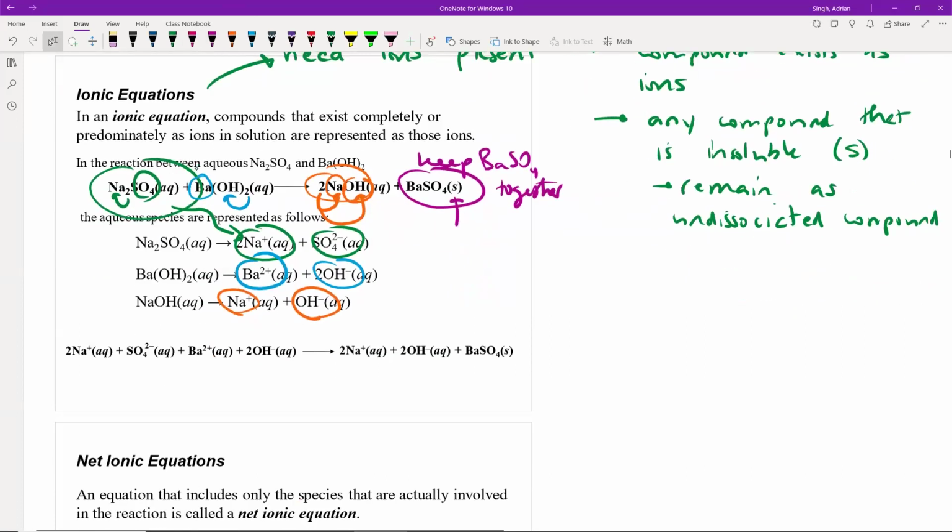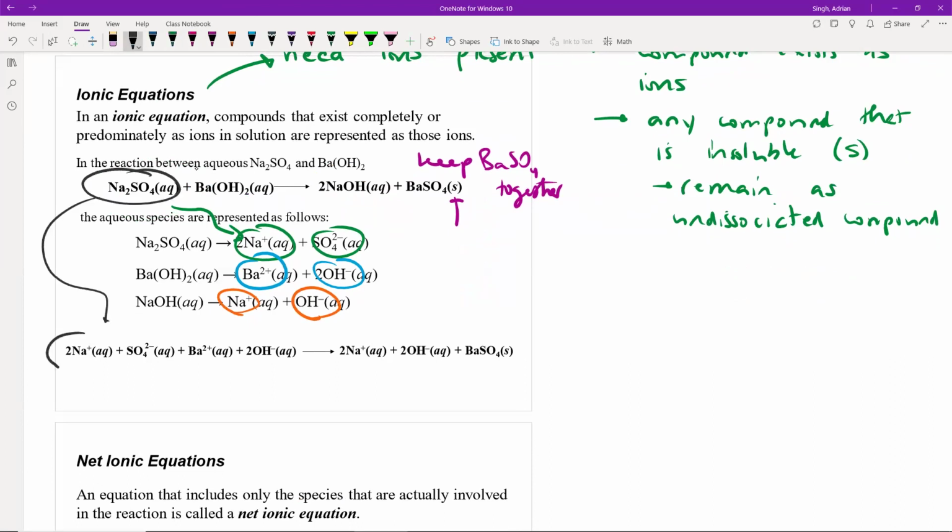So all we're doing then is taking each of these aqueous substances and we're breaking it apart into its component ions. So for example, the sodium sulfate actually is made up of these two things, a sodium and a sulfate. The barium hydroxide is actually made up of barium and two hydroxides.